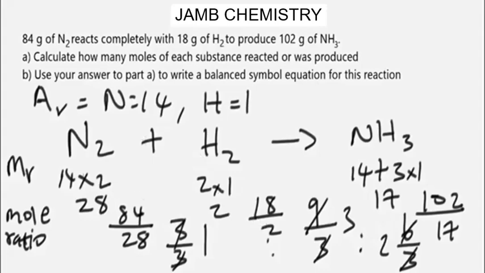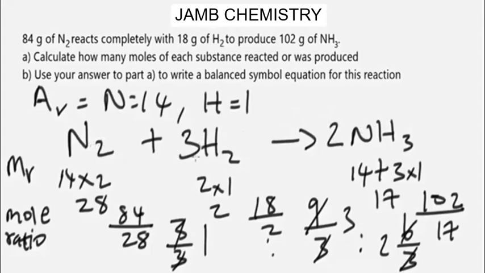Okay, so this tells us now that the balanced chemical equation will be: the moles of this nitrogen gas is 1. The number of moles of this hydrogen gas here is what? 3. And that of the ammonia is what? 2. So the equation is now balanced. We have 2 atoms of nitrogen at the left, we have 2 atoms of nitrogen at the right.